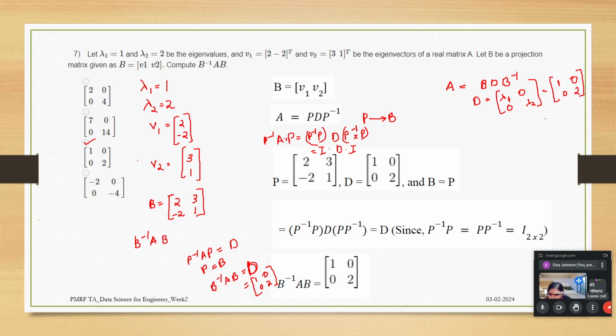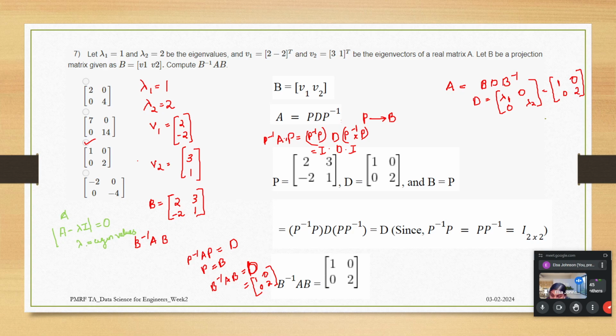So here, if you have a matrix A, okay, then if you find the determinant of A minus lambda I equal to 0, the lambda values are known as the eigenvalues of A. These are matrix operations, okay. If you want to find the eigenvalues, it will be the determinant of A minus lambda I equal to 0.